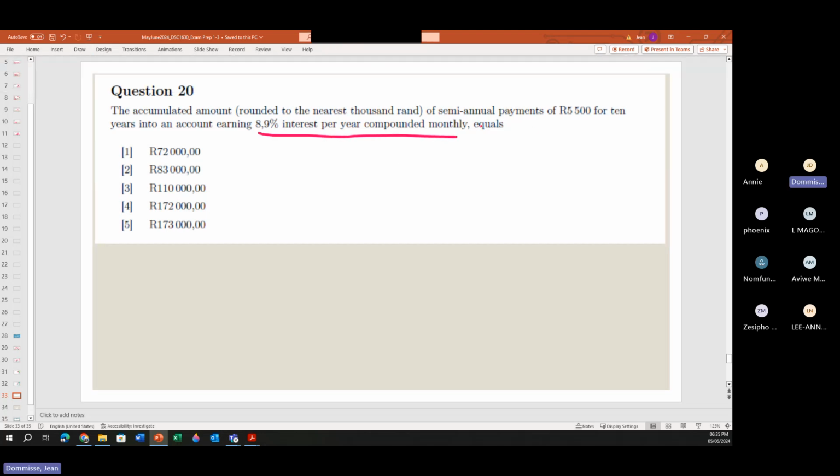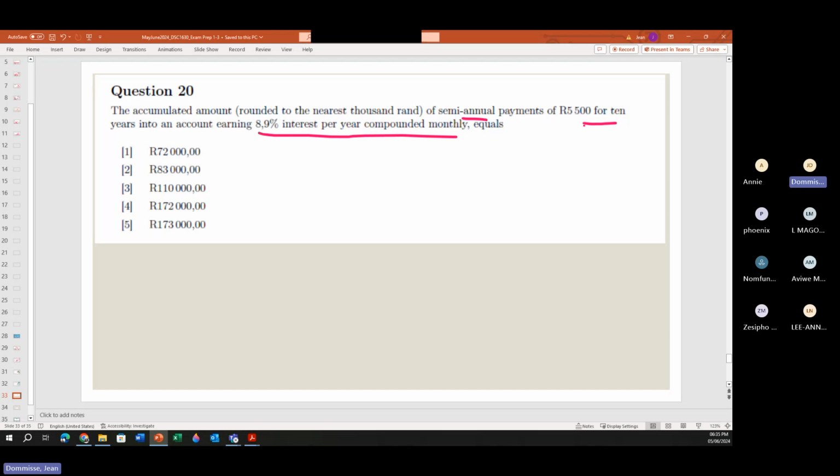Very important with question 20 is that before we can put in the amount that we want to work out, you need to first change the interest.